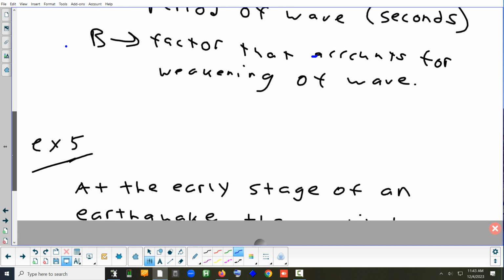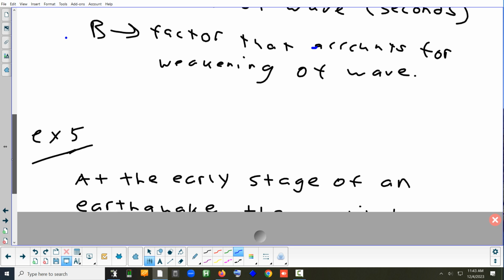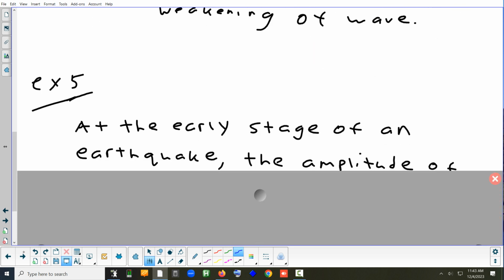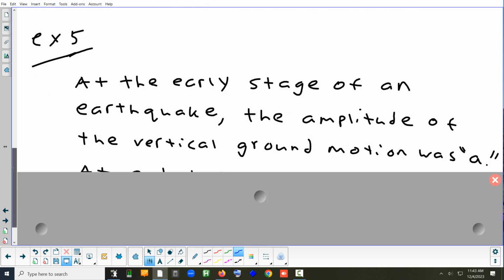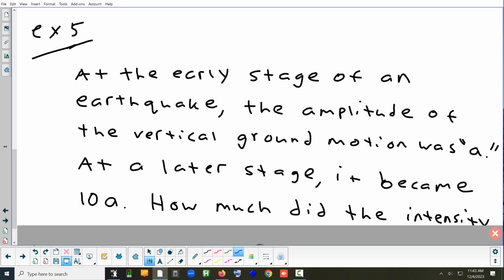So when we first have an earthquake start, we're going to measure what's going on. And at that point, the vertical ground motion was A. What is A? It would be a constant. We don't know what the constant is, but it was A. At a later point in the earthquake, it got stronger.